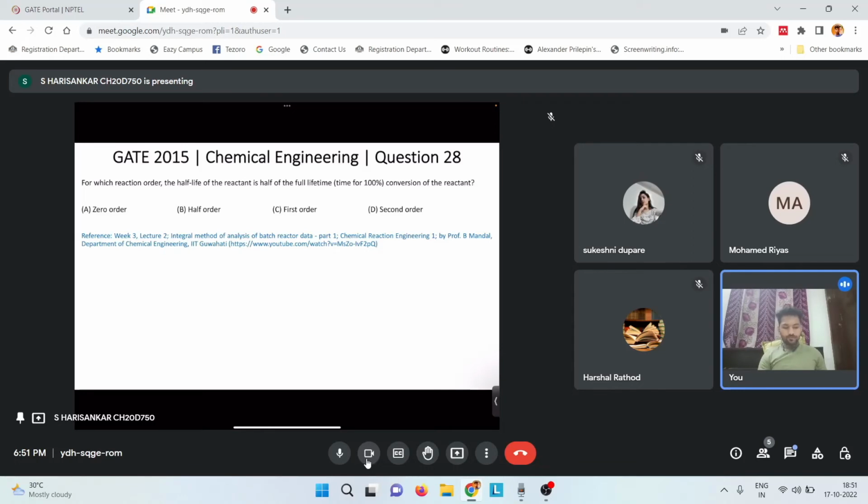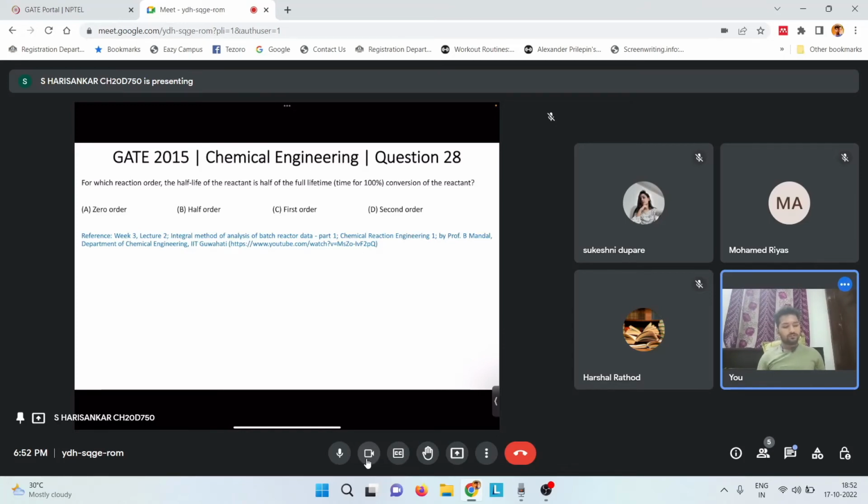This is a question from GATE 2015 from Chemical Engineering. Question number 28. For which reaction order the half-life of the reactant is half of the full lifetime, the time for 100% conversion of the reactant. The four options given are A. Zero order, B. Half order, C. First order, and D. Second order.